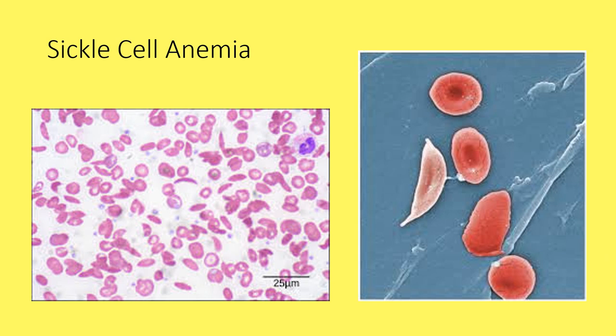That can make it much more difficult for the blood to easily flow through the blood vessels, especially the small diameter ones. And just so you know, there are a lot of side effects from having sickle cell anemia. The easiest way of looking at it is, you think, oh, well, it's a blood disorder.